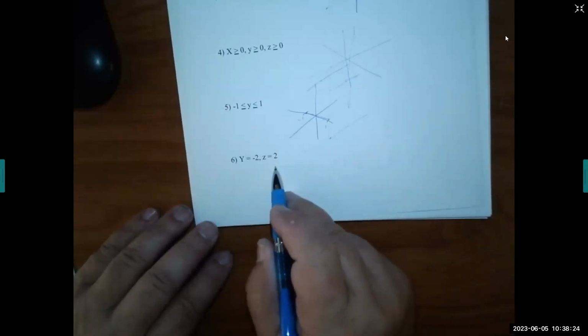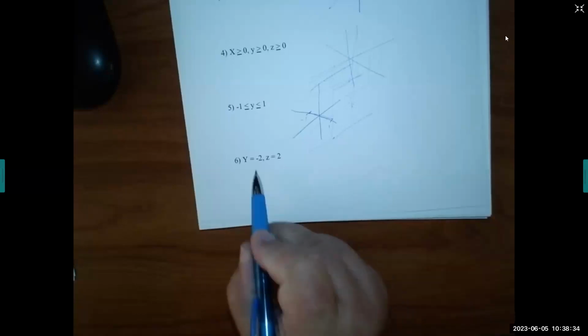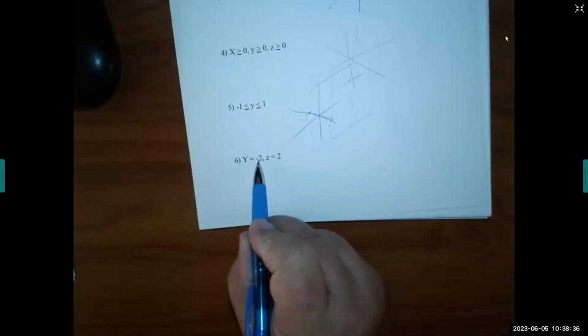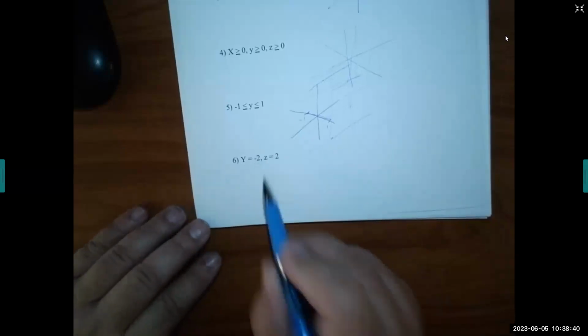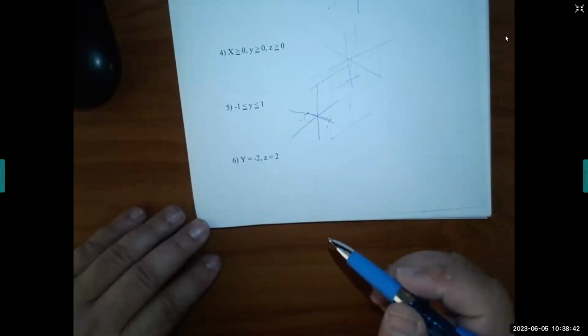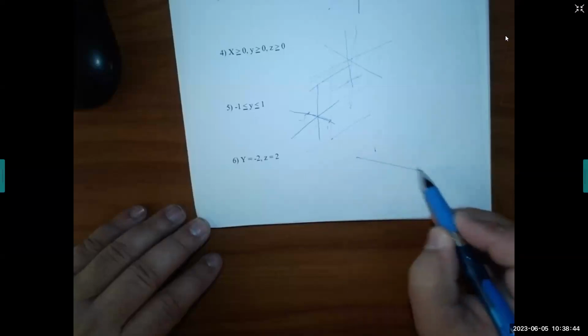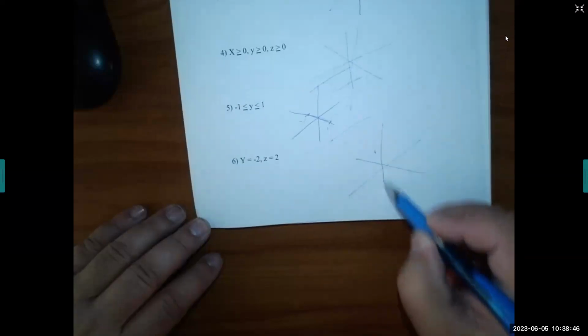Y equals -2, Z equals 2. Remember, what does Y equals -2 represent? Yes, it'd be a line where both of these intersect, because each one of these is its own sheet.